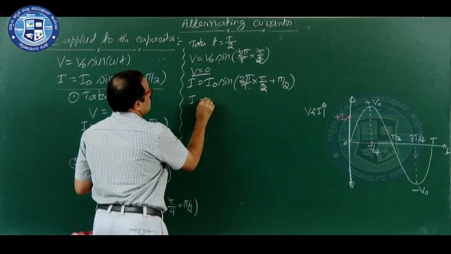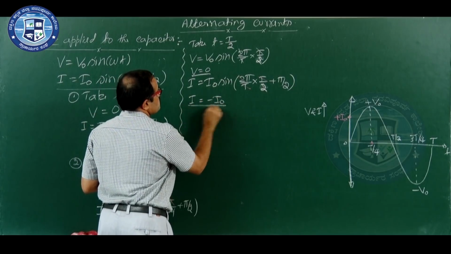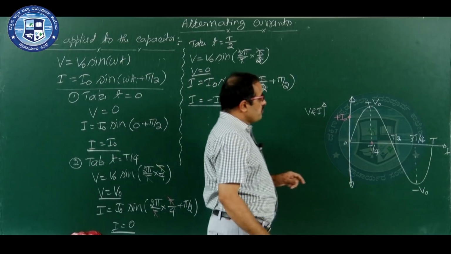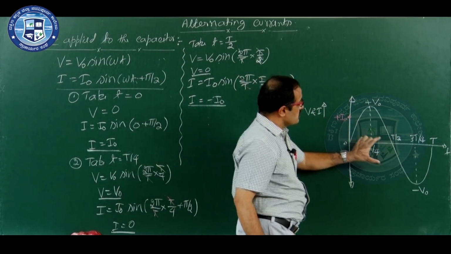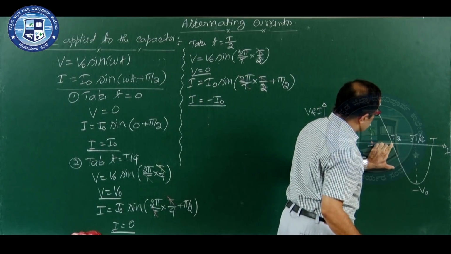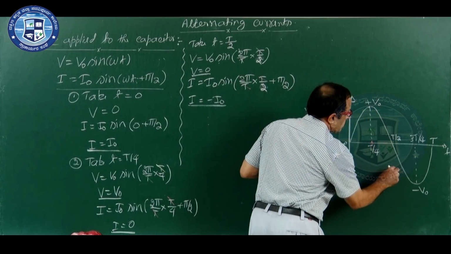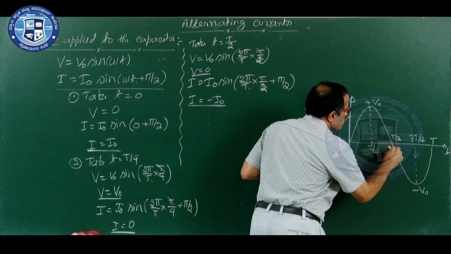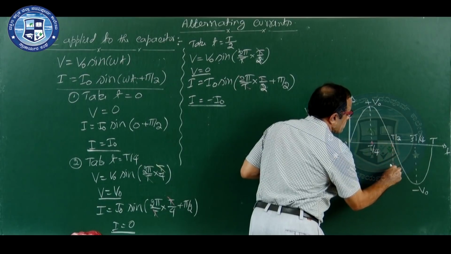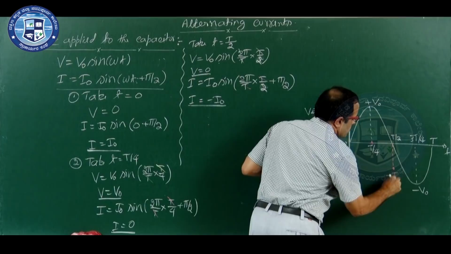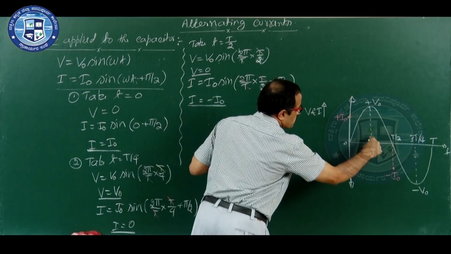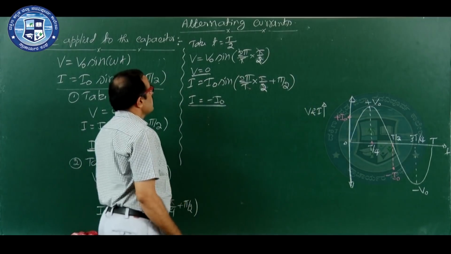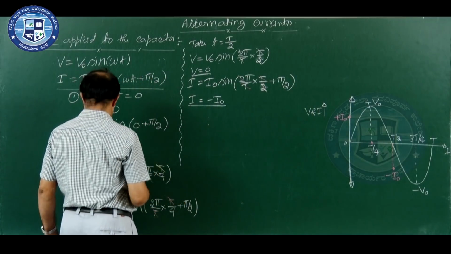Therefore, I is equal to minus I naught when time equal to T by 2. So, this is the plus I naught and it must be now minus I naught. So, that is this much. Here is the point, minus I naught. So, graph goes like this. Now, take next point.